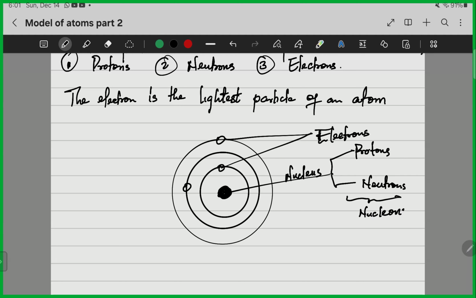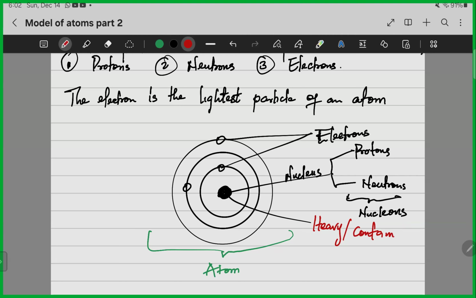Protons and neutrons, when you combine them, are called nucleons. The idea is that this nucleus is heavy, or contains most of the mass of an atom. The entire thing we're looking at here is like the pictorial view of an atom. So it's heavy and contains most of the mass. That's the nucleus. Meanwhile, the electron is pretty much a light particle.